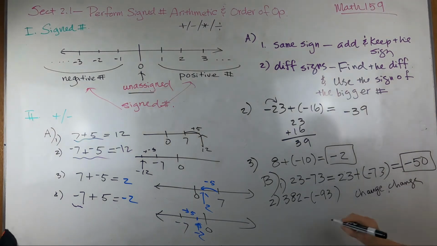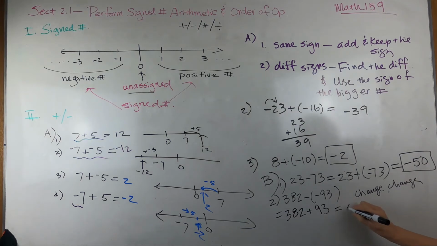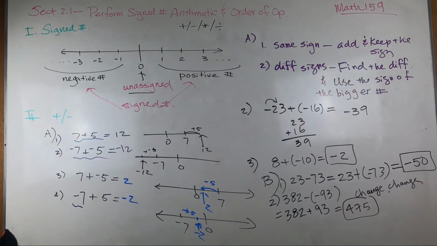Okay? So then it becomes what? 382, change become what? Plus 93. Then you should be able to add, right? So the number is what? 475. That's how you should handle your positive and negative numbers.